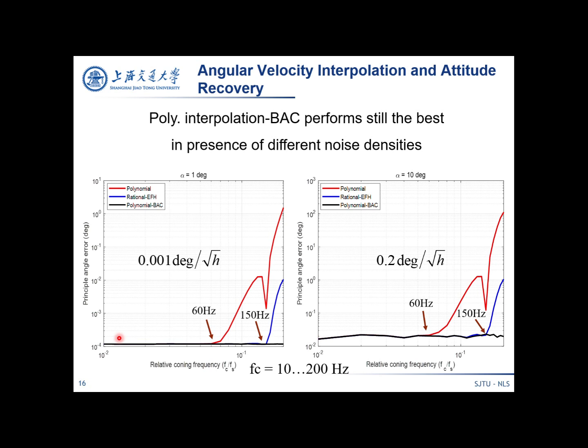The normal polynomial and EFH rational interpolations begin to rise at 60 Hz and 150 Hz, respectively, where the computation errors start to take the lead. Notably, the polynomial BAC interpolation just keeps flat in the whole range of considered coning frequencies.